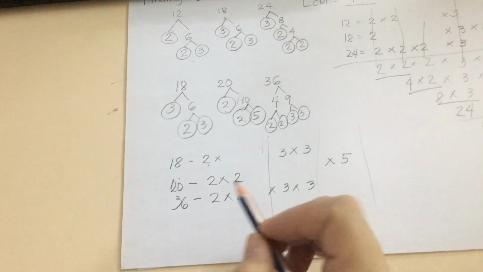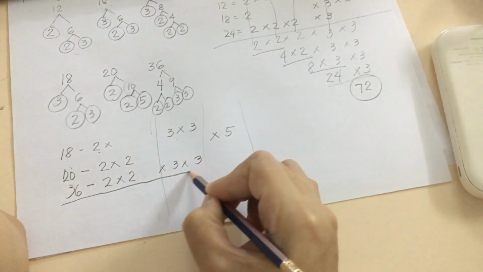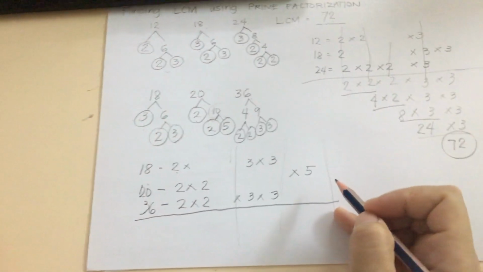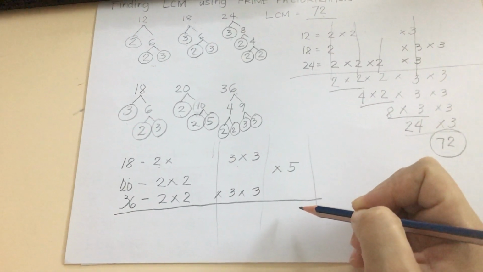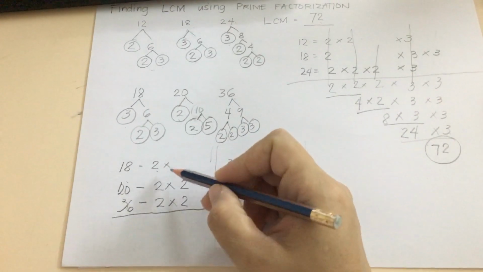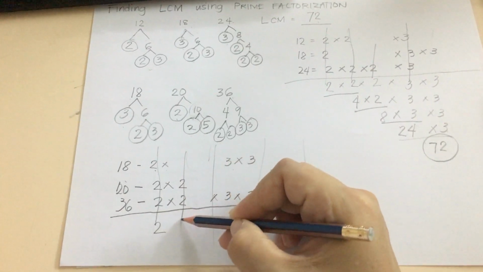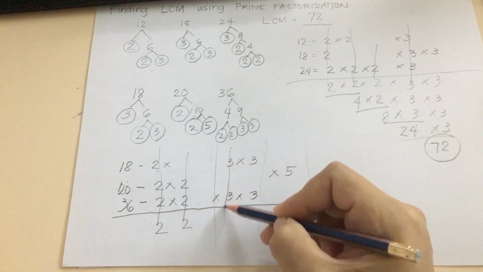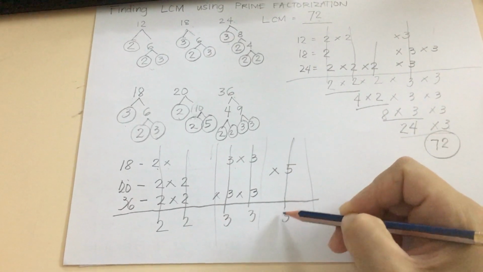Now let's draw a line. After we draw the line, we are going to bring down all the prime factors for each of these three numbers. Let's start with this group. Bring down the 2, bring down the 2, then bring down the 3, bring down the 3, and bring down the 5.